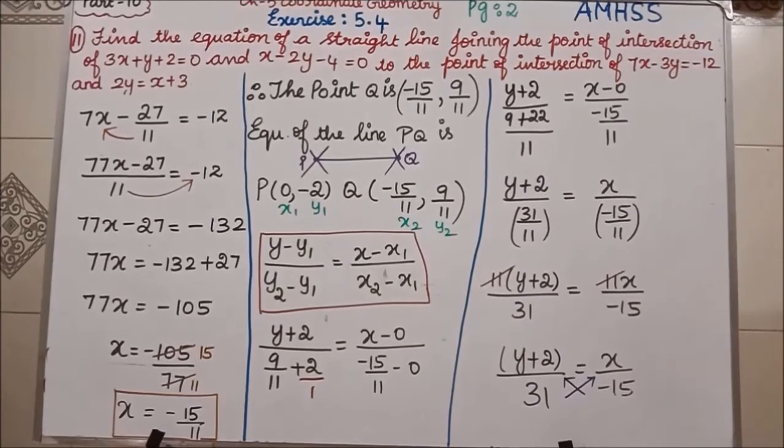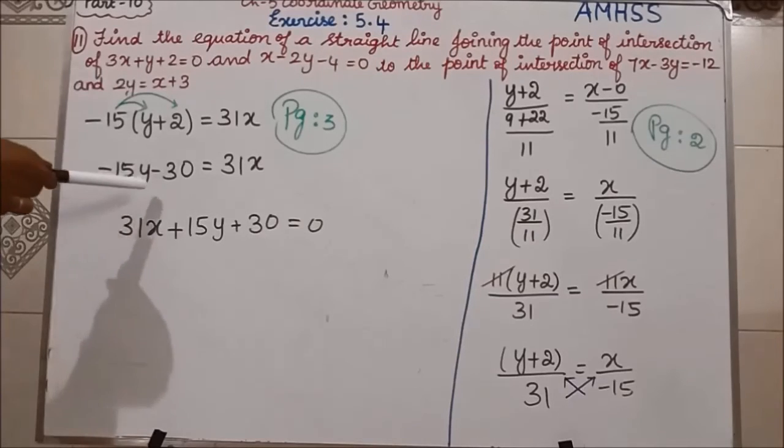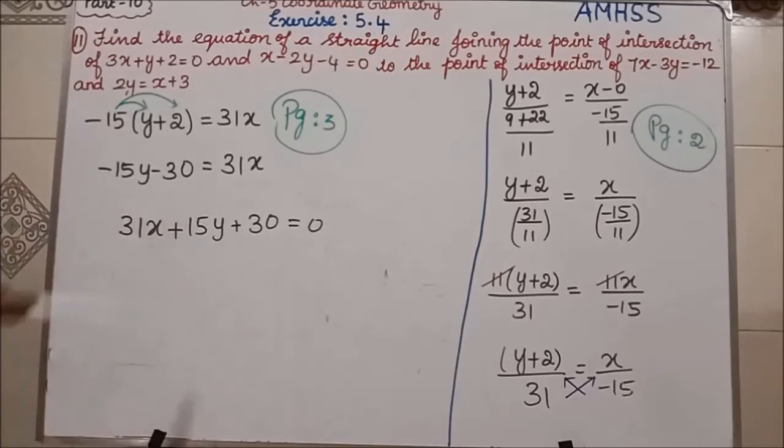Clear? See, we are doing the cross multiplying in page number 3. -15 into (y + 2) equal to 31 into x. -15 into y is -15y. -15 into +2 is -30 equal to 31x.